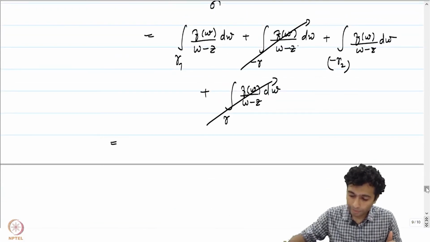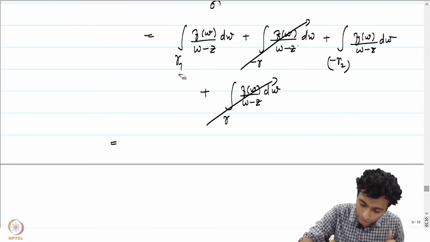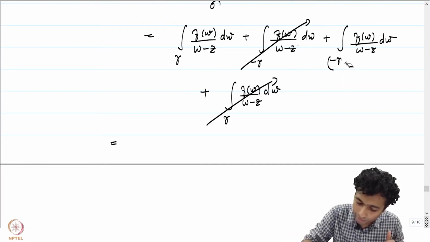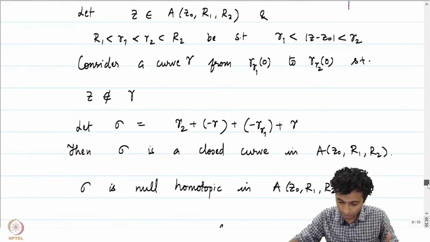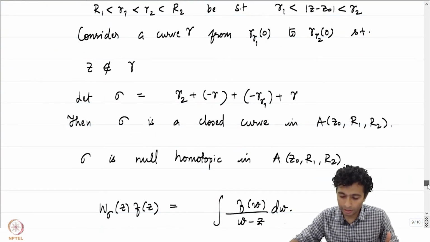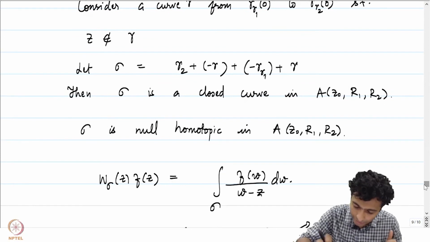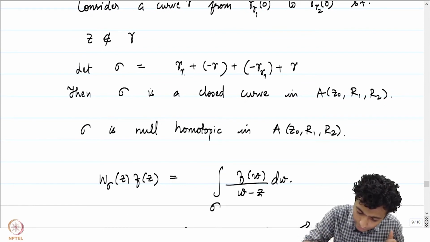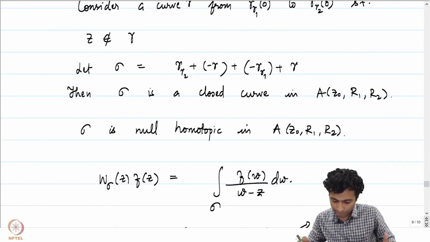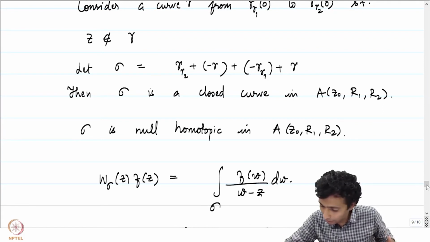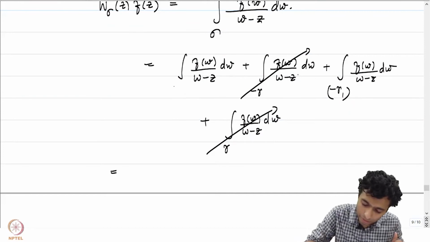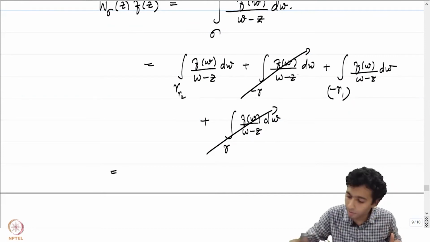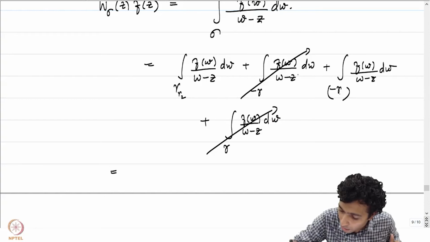So maybe it's not correct that I have written what I have written. At some stage I started messing up with the index. So let me be a little careful, so that you don't have any confusion. This is not gamma 1, this is gamma r. This is not gamma 2, this is gamma r2. This is gamma r1.